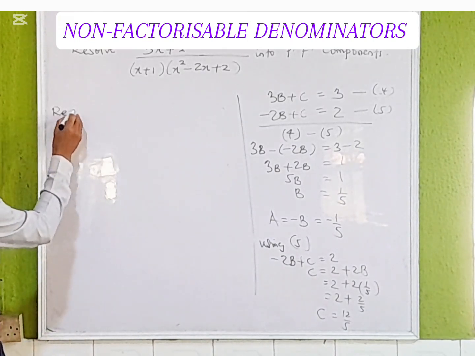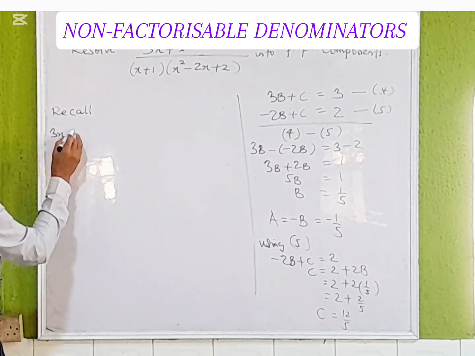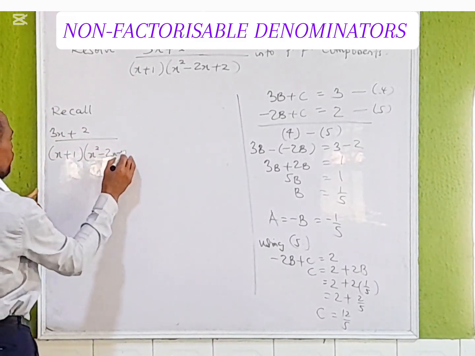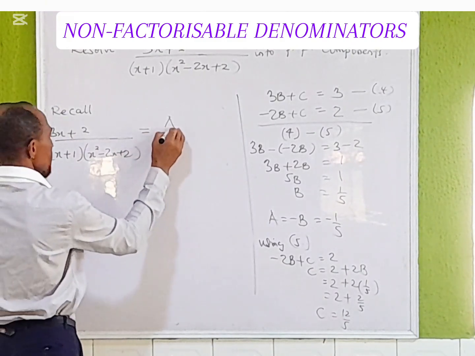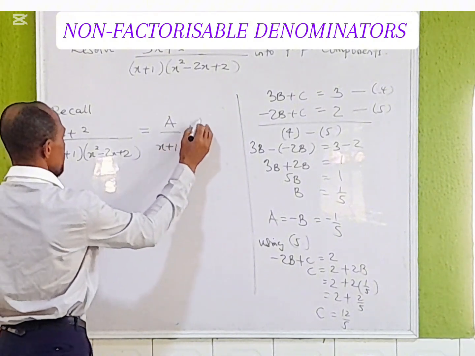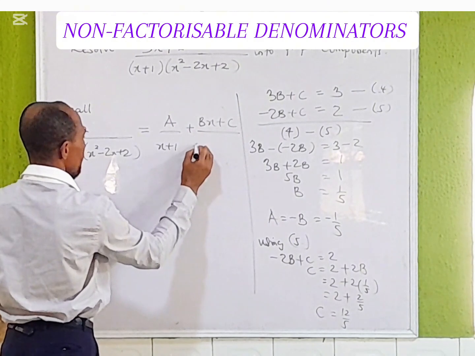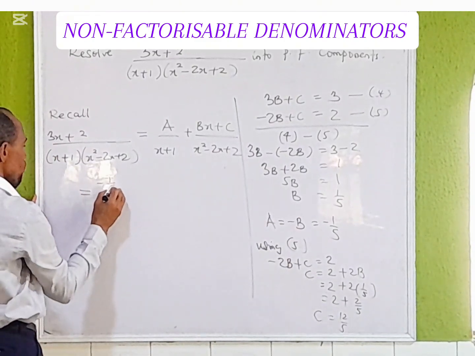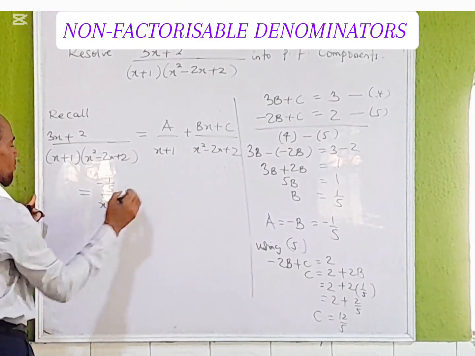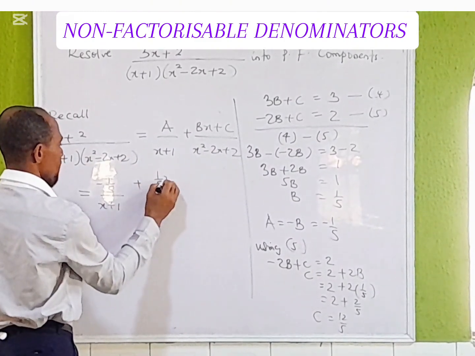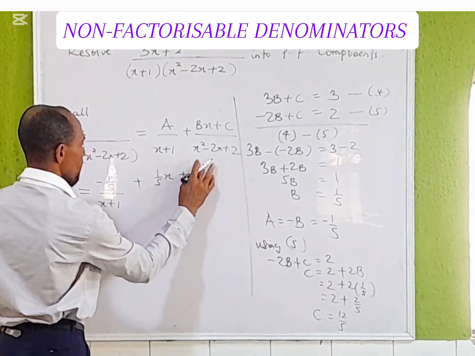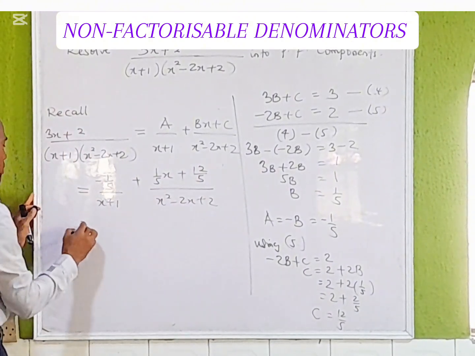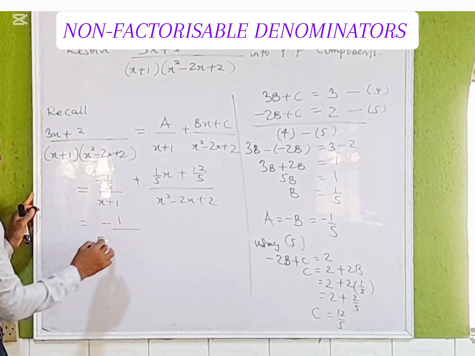So we recall, finally, that (3x plus 2) over (x plus 1)(x squared minus 2x plus 2), which was written as A over x plus 1 plus (Bx plus C) over (x squared minus 2x plus 2), now becomes, replacing the values, minus 1 over 5 over x plus 1 plus (1 over 5 x plus 12 over 5) all over x squared minus 2x plus 2.